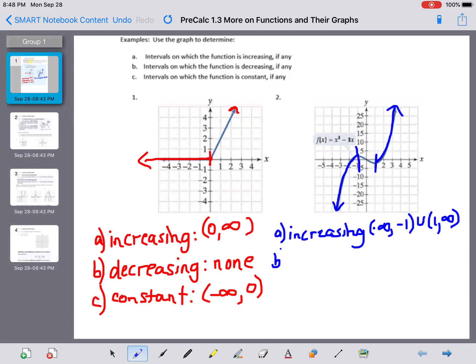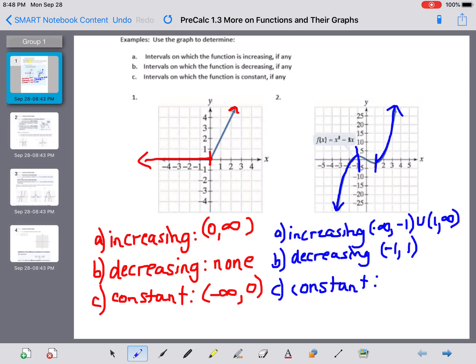For B, do I have any intervals where I'm decreasing, where my graph is going down or my y value is decreasing? And it looks like it's between the 2 times when I am increasing. So it looks like it starts at the x value of -1, and it goes to the x value of 1. And then I look again, is there anywhere where the function is constant, where it stays exactly the same value?